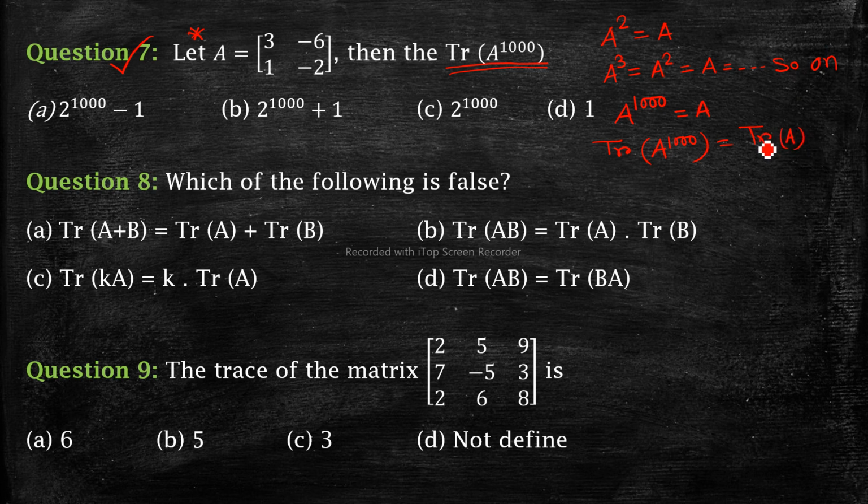So what will be the result for this? The result will be 3 and minus 2, so 3 minus 2 is 1.